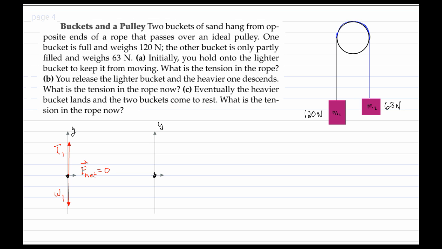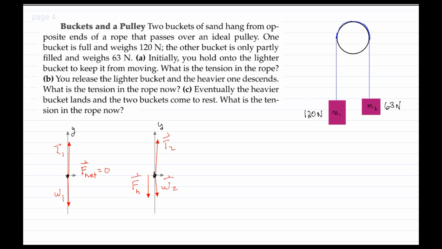And now for the lighter mass, again we have a tension force upwards, and downwards we have weight, and we have the force of us holding on to the bucket. So we'll label this T2, W2, and our force by our hand.